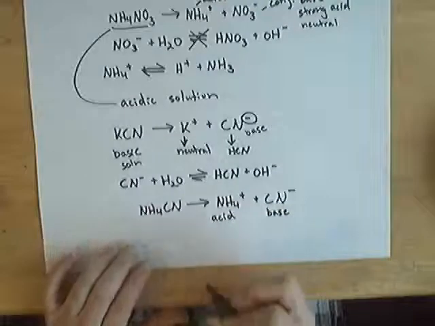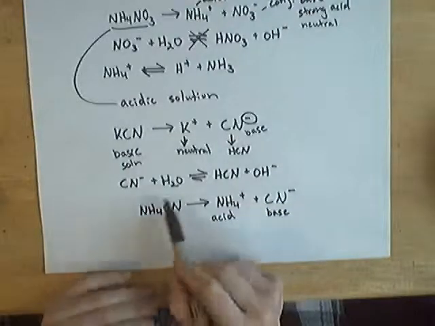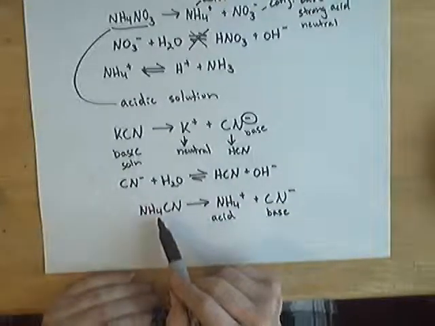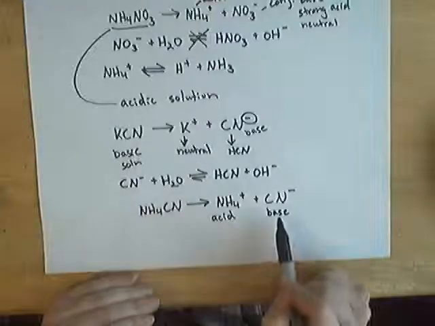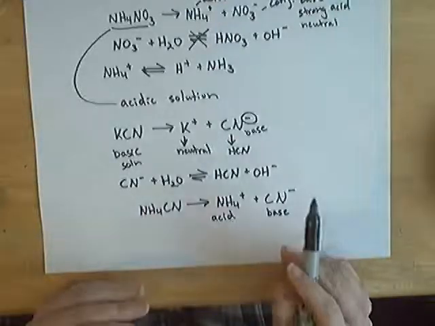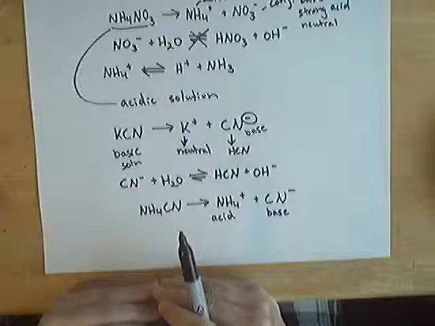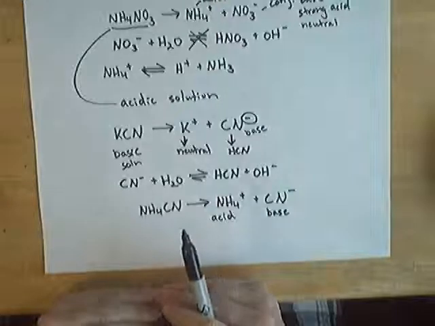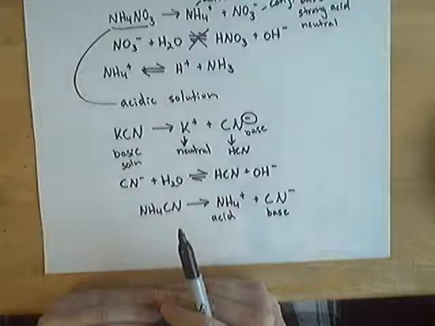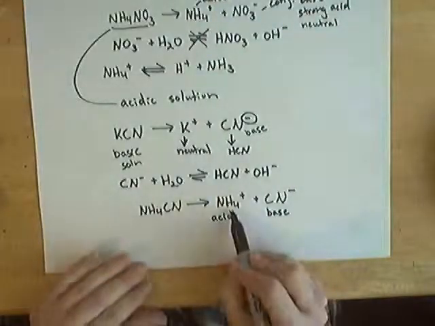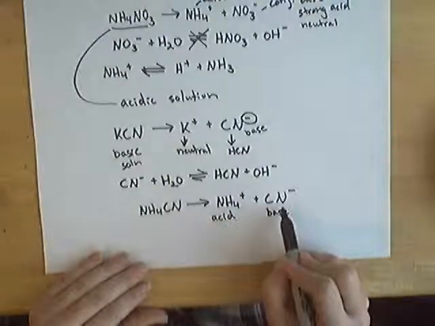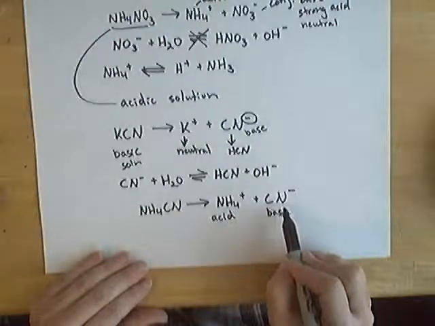So when your salt, when it dissolves, produces both an acid and a base, this solution is probably going to be relatively close to neutral, but it's not going to be exactly neutral. The way you figure out whether it's going to be acidic or basic is you have to compare the Ka of this acid to the Kb of this base.